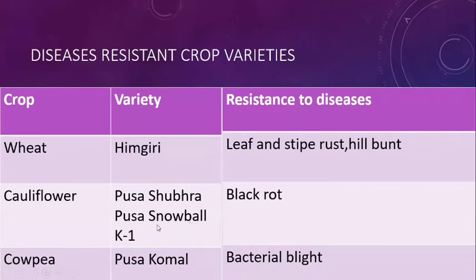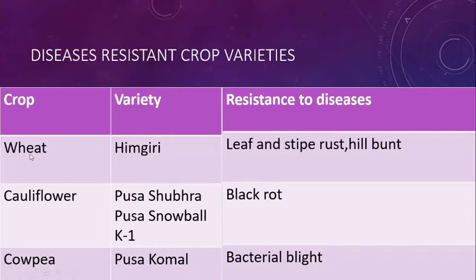These plants are resistant to the black rot disease. Cowpea, Pusa Komal, is a new variety developed by plant breeding. It is resistant to bacterial blight disease.